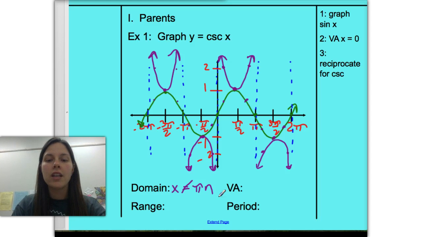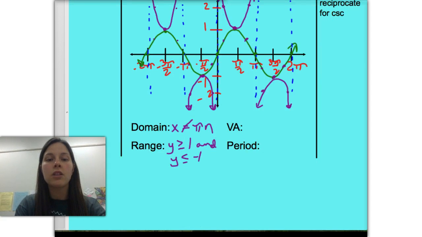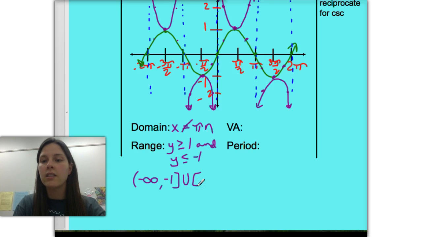So our range is y is greater than or equal to 1, and y is less than or equal to -1. If you remember set notation, the other way we could represent this would be from -infinity to -1, including -1, because it is defined there, union, meaning also or and, 1 to positive infinity. Remember, infinity is a parenthesis because it's not an actual number.